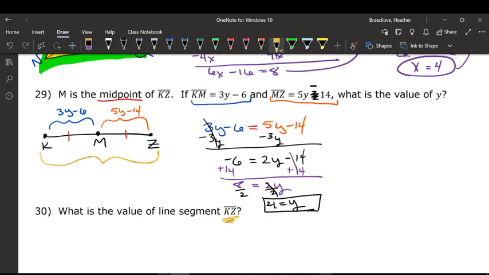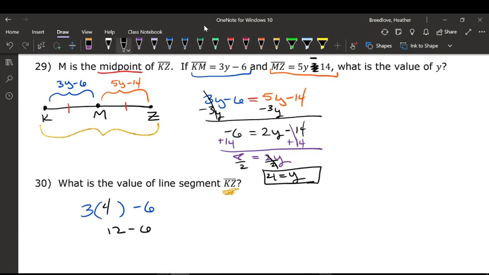So if I have 3y minus 6 is half of it, and I plug in the 4, then I get 12 minus 6, which is 6. And then I multiply times 2. So KZ equals 2. Yes, KZ equals 12. I said 2. KZ equals 12.